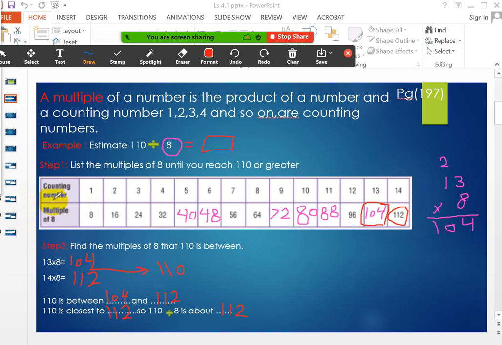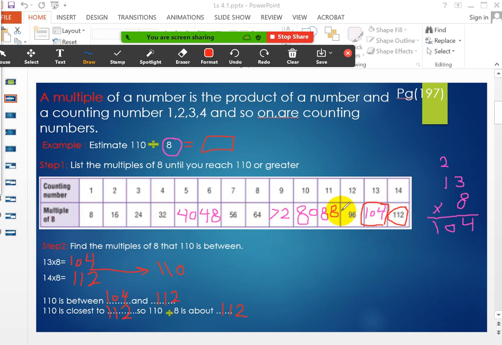Then I will find the multiples of 8. How will I find them? I will multiply 8 with each counting number. That means 8 multiply 1 equals 8. So this is the first multiple. 8 multiply 2 equals 16. This is the second multiple. 8 multiply 3 equals 24. This is the third multiple. And I have to find the multiples until the multiple is greater than 110.